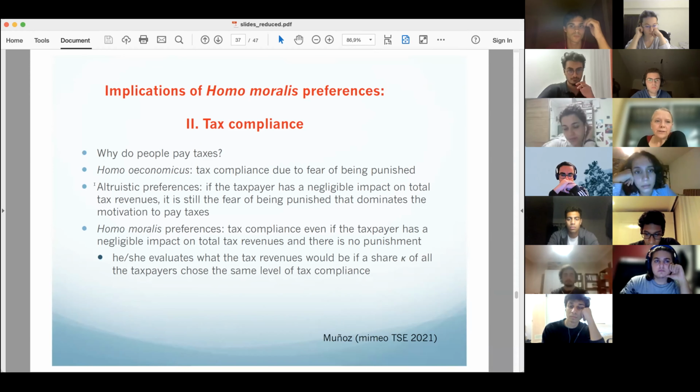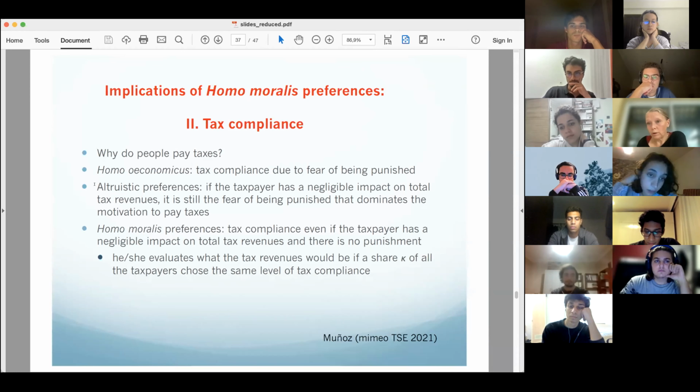What if a taxpayer has altruistic preferences? Say I pay taxes because I think the money I pay can help the poor. Well, I live in France, where there are 60 million people. If I pay a little bit more or less taxes, it will not really help many more poor people.